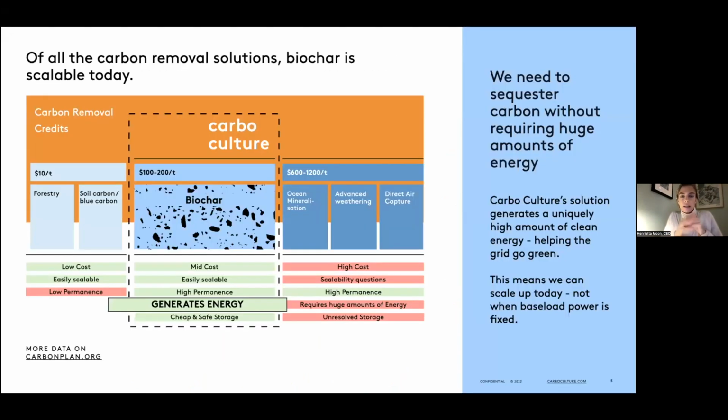So I think when we look at all of the carbon removal solutions, it's clear that there's going to be a bunch of solutions catering to this market. But what we need today is solutions that are not going to burden the grid more by demanding huge amounts of energy right now. So I think that there are solutions that are really scalable.